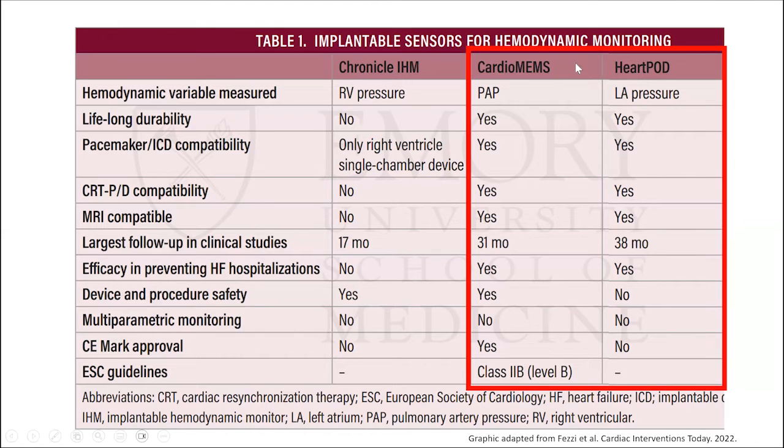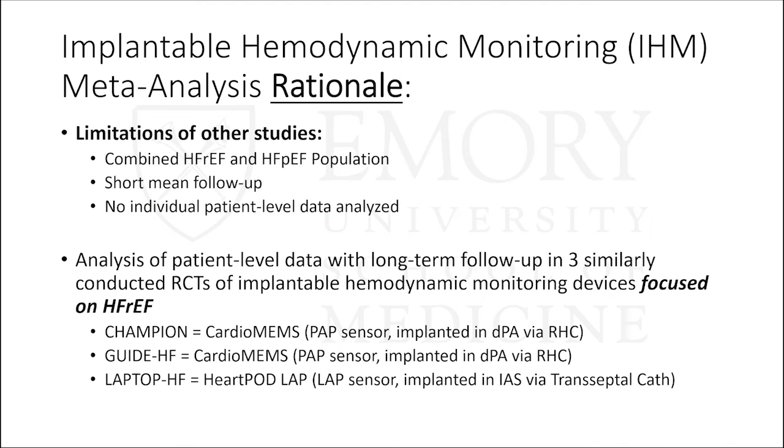And the meta-analysis that we're going to go through now really focuses on the CardioMEMS device and then the HeartPod device. And each of these in their own separate trials have shown efficacy in reducing heart failure hospitalizations. So we'll go through that now.